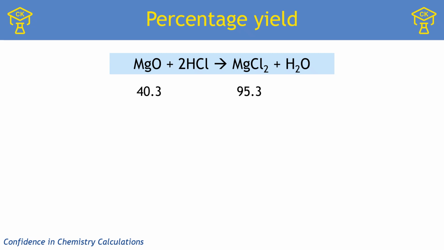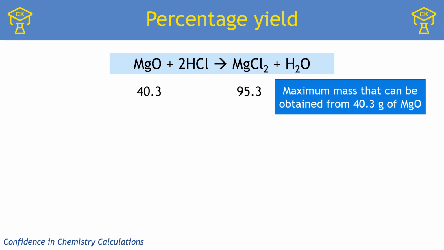The molar ratio of the two substances in the balanced equation is 1:1. So we can deduce that if we react exactly 40.3 grams of magnesium oxide with excess hydrochloric acid, then the maximum possible mass of magnesium chloride would be 95.3.